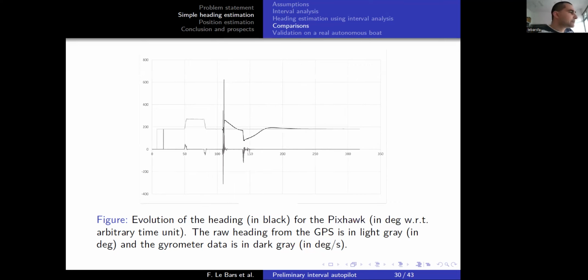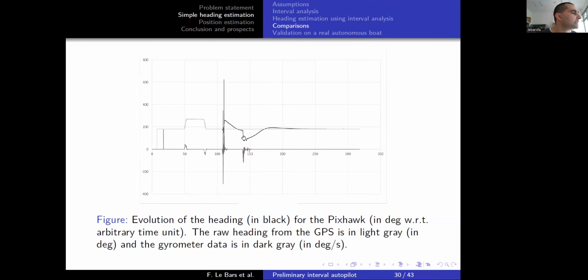Then the same experiment for the Pixhawk autopilot. We can see here that the behavior is different, and maybe in some way better, but probably not perfect. After the inconsistency, the heading estimation is bad, but it is slowly converging towards probably the GPS value, up to the point when we move back the magnetometers towards the south.